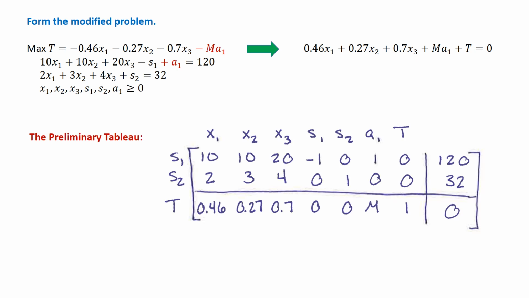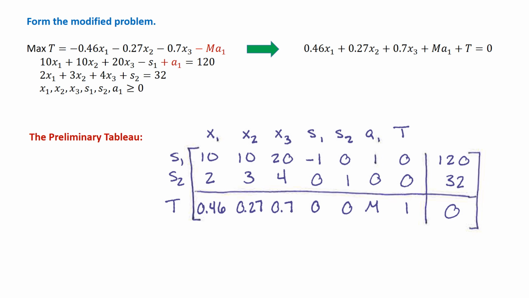So from this we can form the preliminary tableau. So my column labels are the x's in order, x1, x2, x3, the s's, s1 and s2, the artificial variable a1, the objective t, and the constant column.